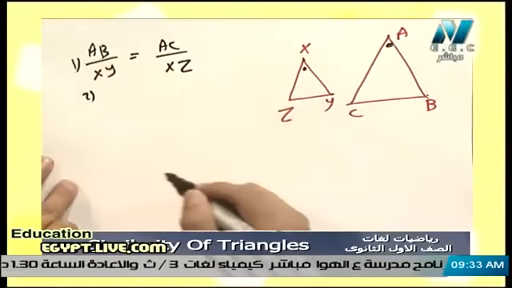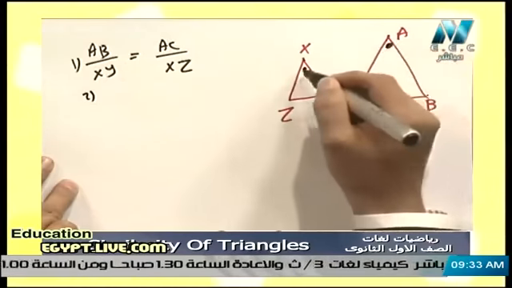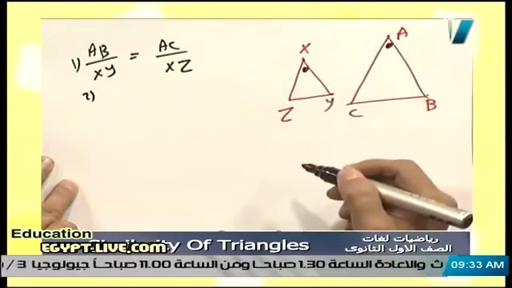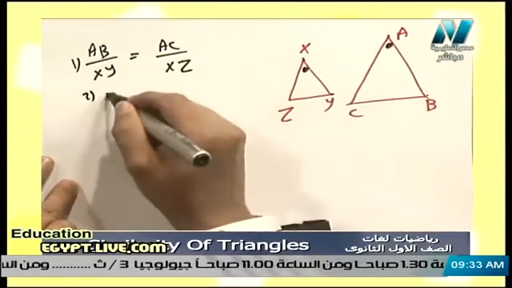The second one is that the included angle here equals the included angle here between the two sides. So if we have measure angle A equal measure angle X, we can say that triangle ABC is similar to triangle XYZ.